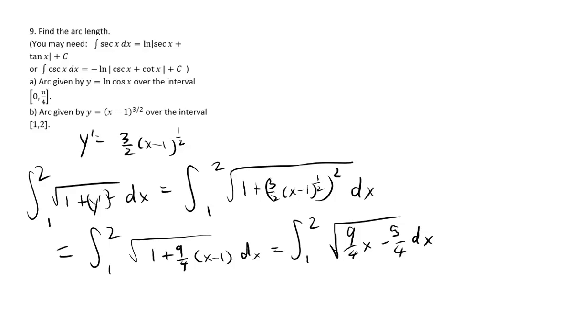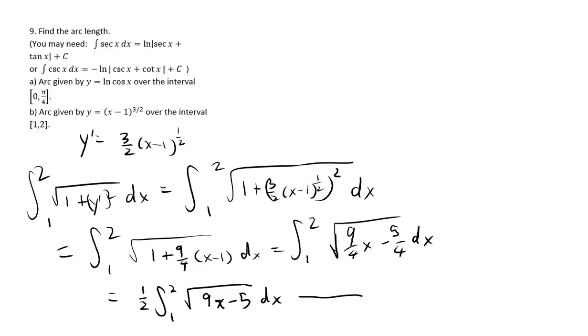Now, this is 1 over 4. When you bring 1 over 4 outside the square root, since square root of 1/4 is 1/2, that can be brought outside as 1/2 from 1 to 2, and you get square root of 9x minus 5 dx.